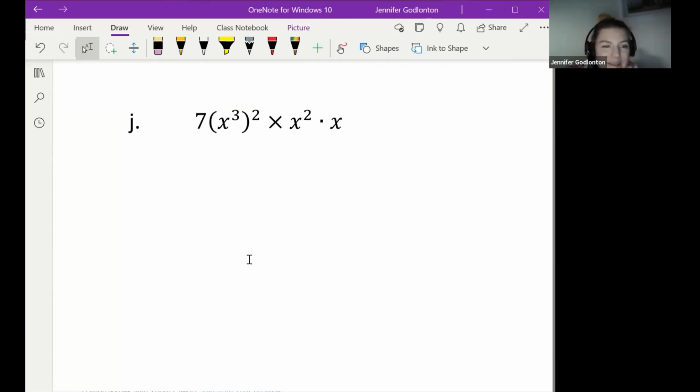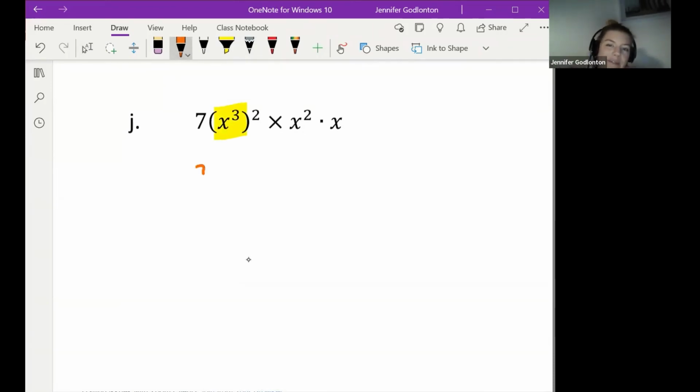Okay, I'm seeing some answers coming in. 7x to the power of 12. Okay, let's have a look. A lot of people land up making a mistake with this one and they square the 7. But we definitely aren't going to square the 7 because it's only the x that's in a bracket.